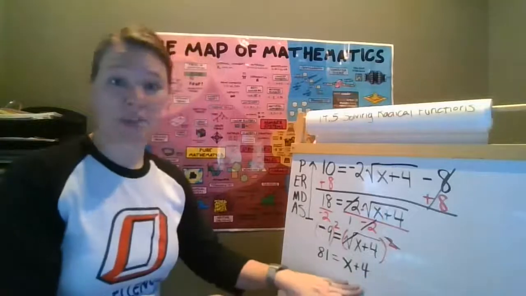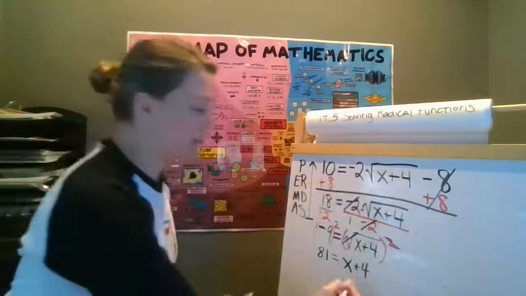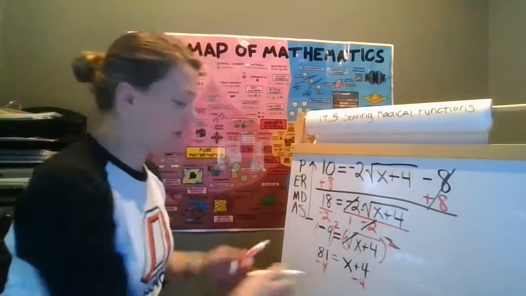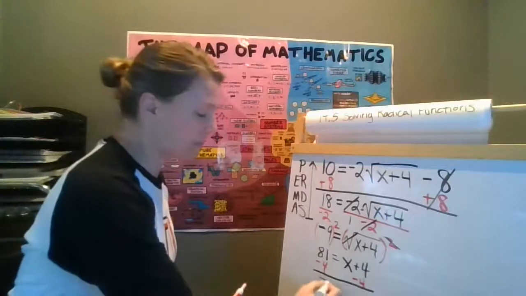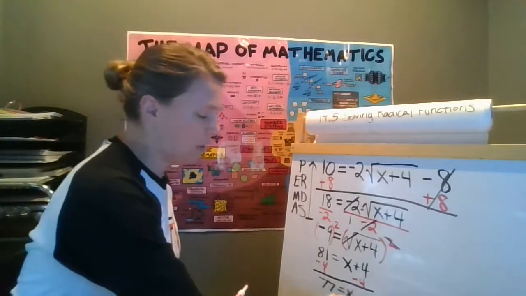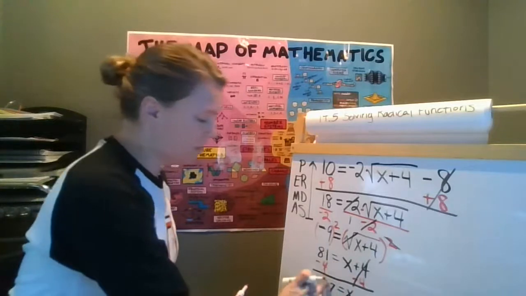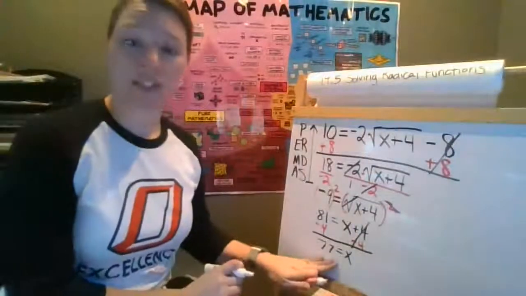Now there's that x plus 4 I mentioned earlier that was going to be done last, and we deal with that by subtracting 4 from both sides of the equation. We end up with 81 minus 4 is 77, which is equal to x, because the positive 4 and the negative 4 cancel each other out. So x equals 77.